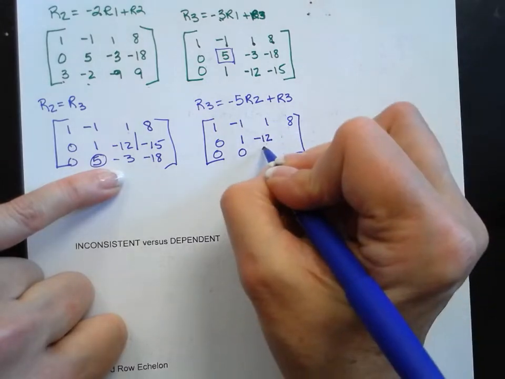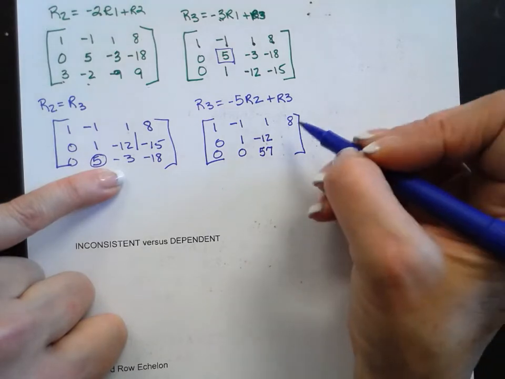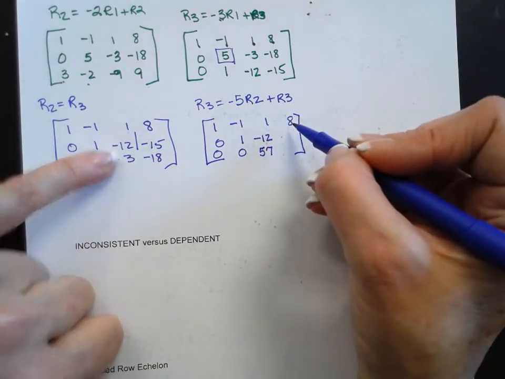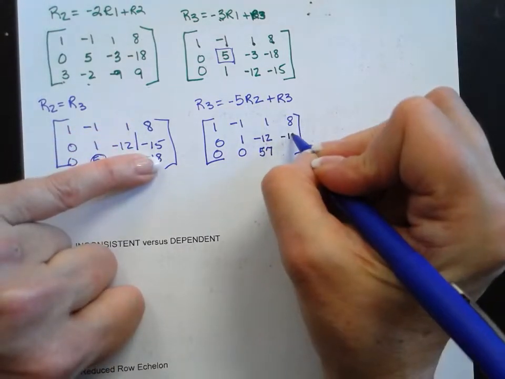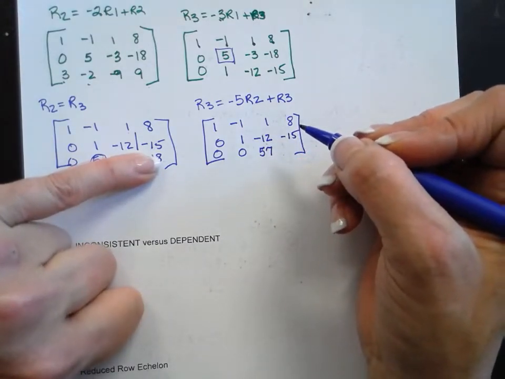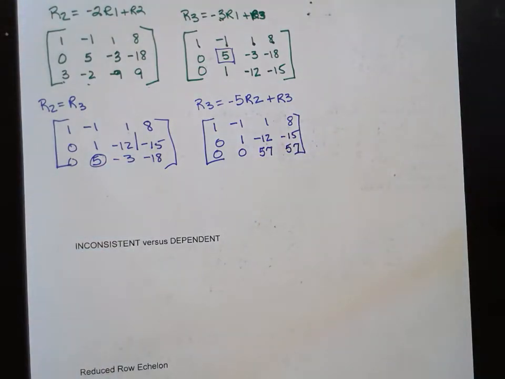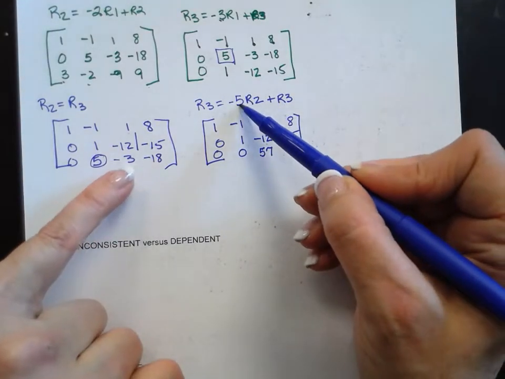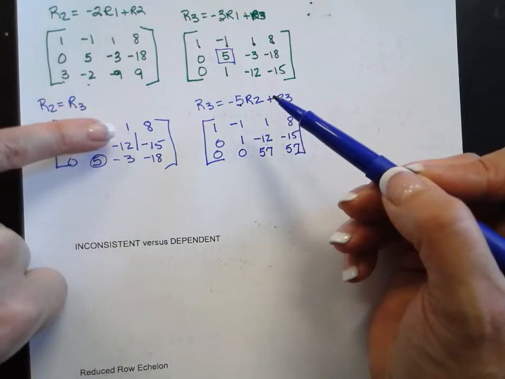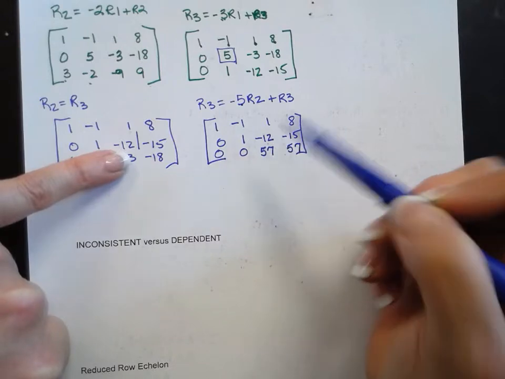Minus 3 gives me 57. -5 times -15 is 75. 75 minus 18 is 57. -5 times, oh, where did I get?